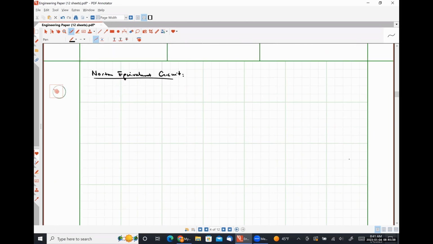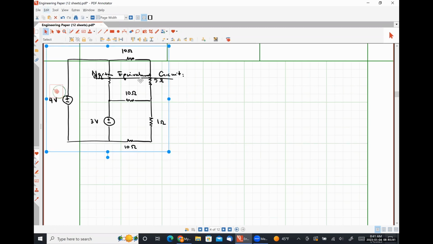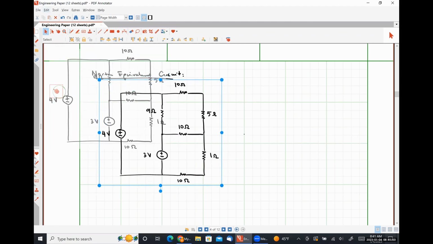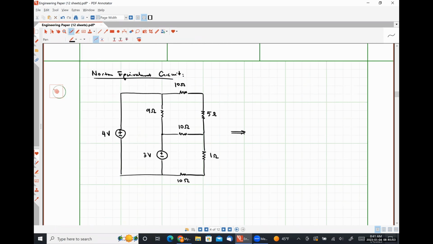So from that, our large circuit on the left is electrically equivalent to this.